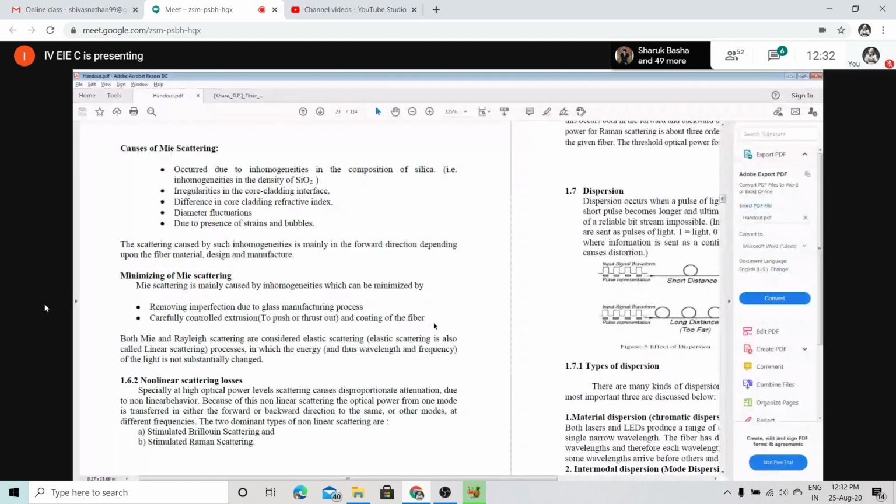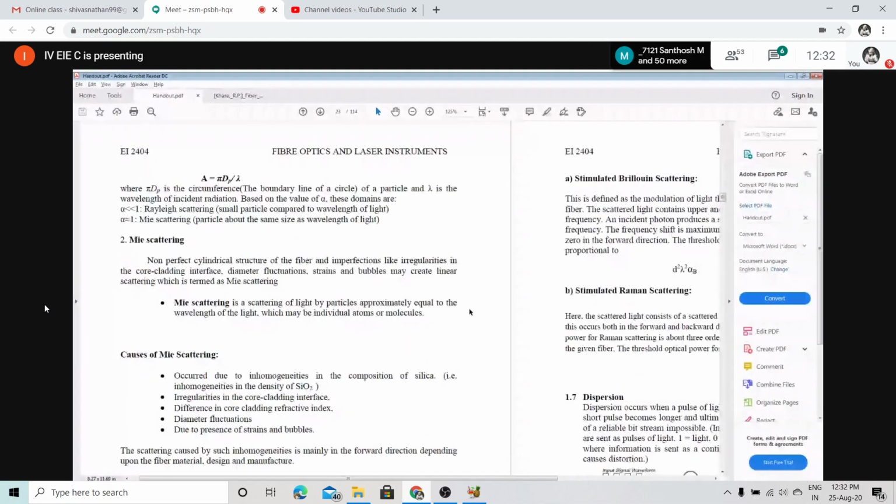What happens is, if a photon is hit under any disturbance, it will emit a sub photon, and it will travel in a different direction rather than the propagated direction. That will happen in non-linear scattering losses. So remember, the disturbance may be of any kind that creates a sub photon, and that travels in a different direction than the propagated direction. All those losses come under what? Non-linear scattering. So these are the scattering losses that you need to understand.